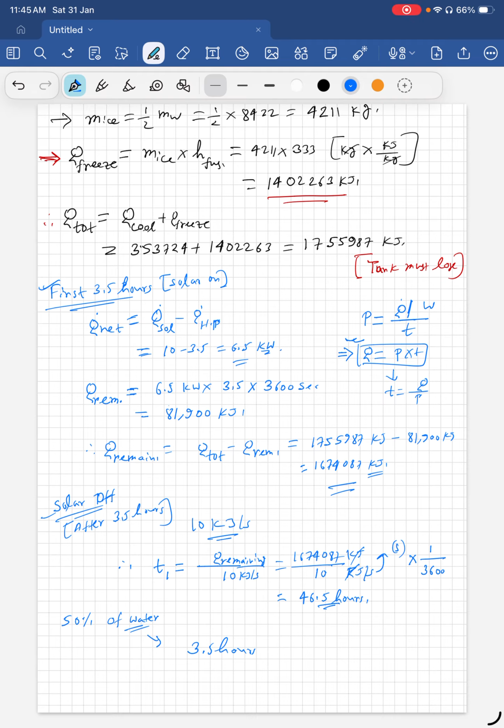The energy removed for 46.5 hours. So the total time required to freeze 50% of the water is 3.5 plus 46.5, that will be 50 hours. That is the answer of the first part.